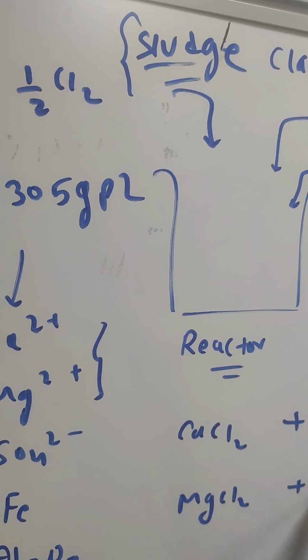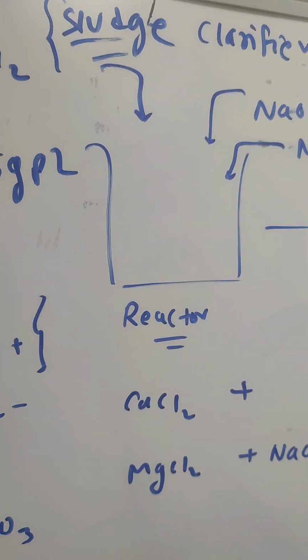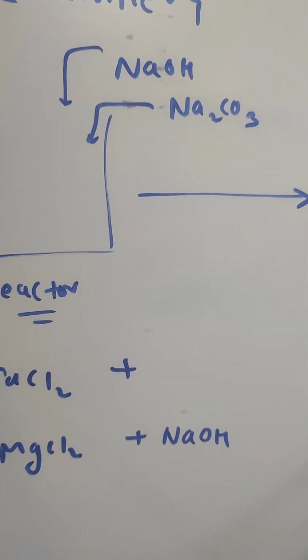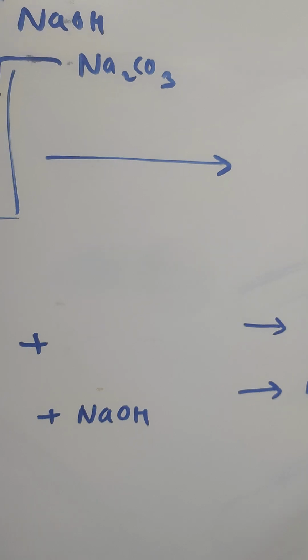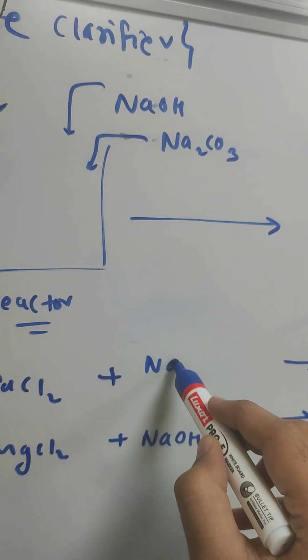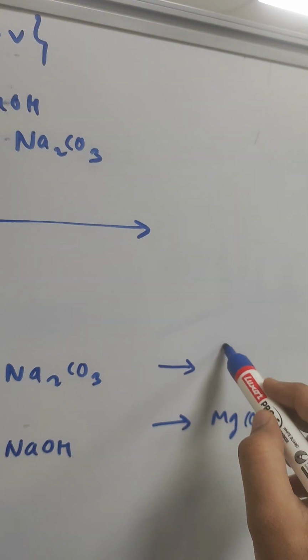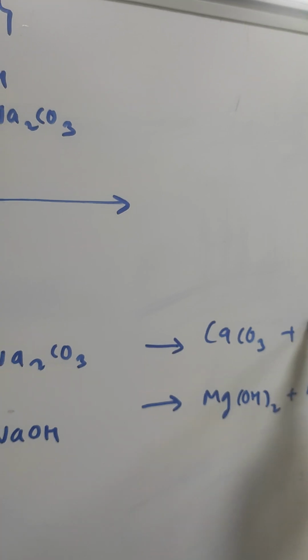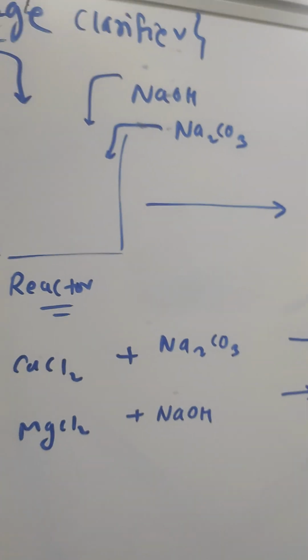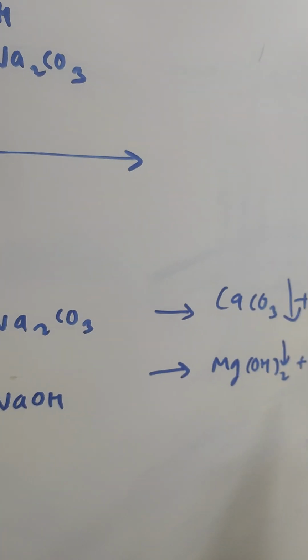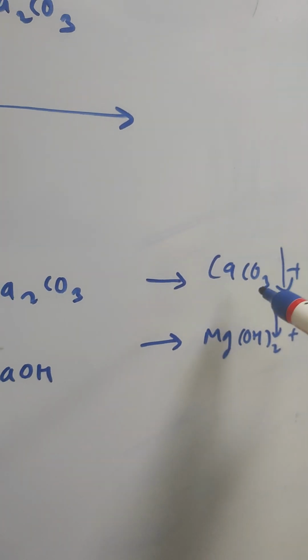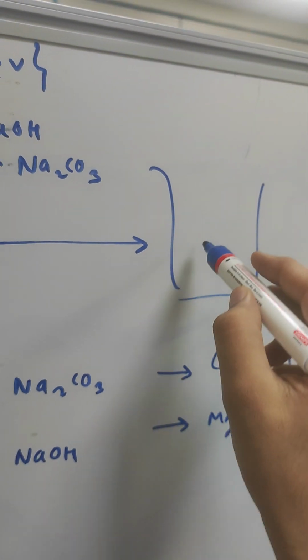So we add NaOH here, and magnesium hydroxide is formed, and NaCl is formed. Here we add soda ash, Na2CO3, and calcium carbonate is formed and NaCl is formed. These two get precipitated, and are removed in the retention tank.